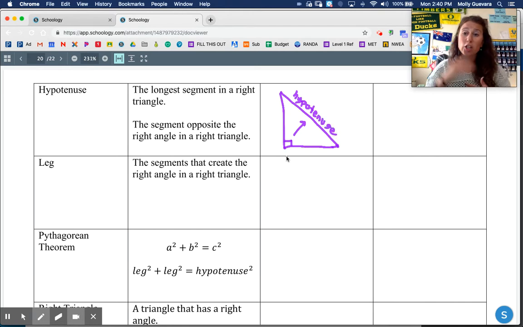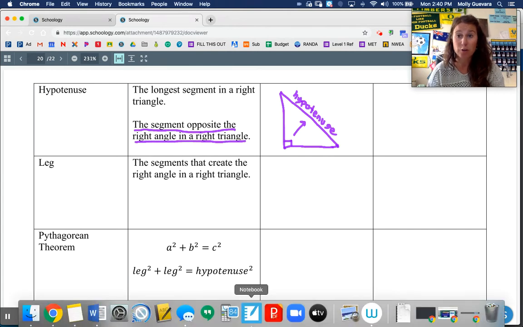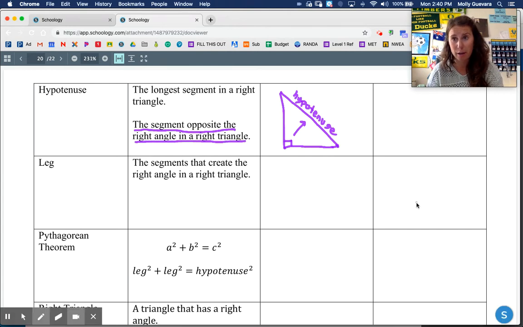It's always the longest side in a right triangle. The segment opposite the right angle in a right triangle. If you don't have a right triangle, you don't have a hypotenuse, okay?